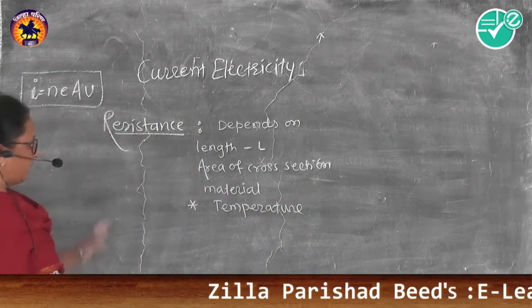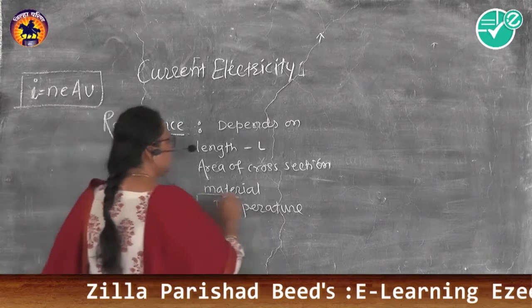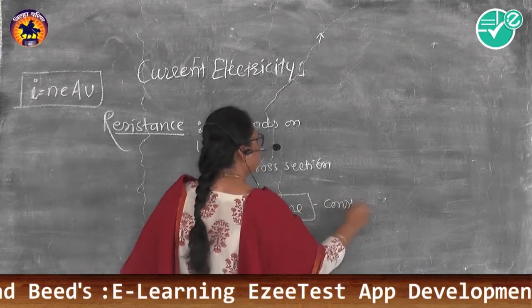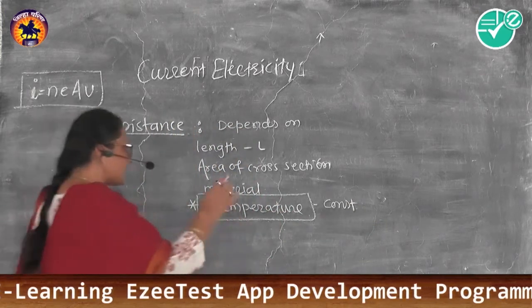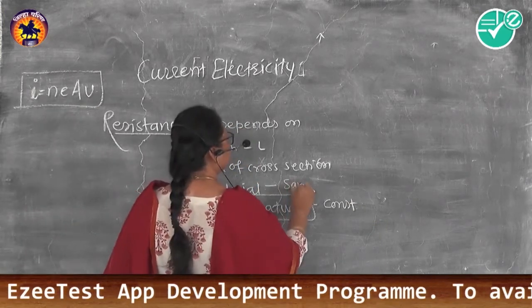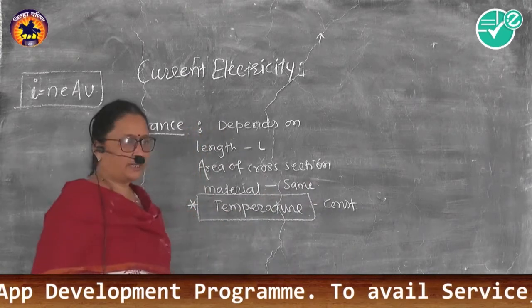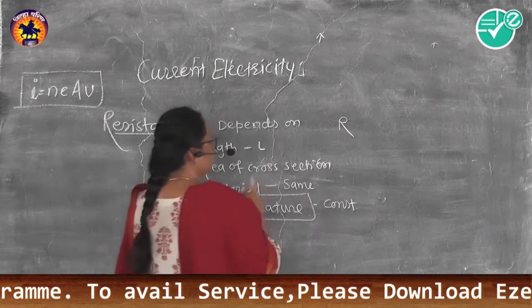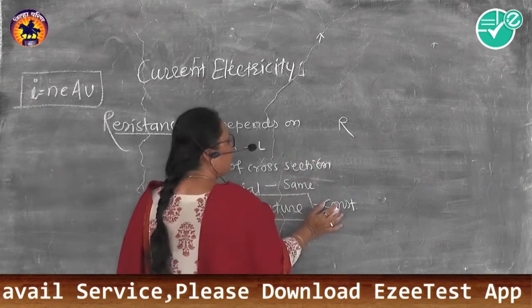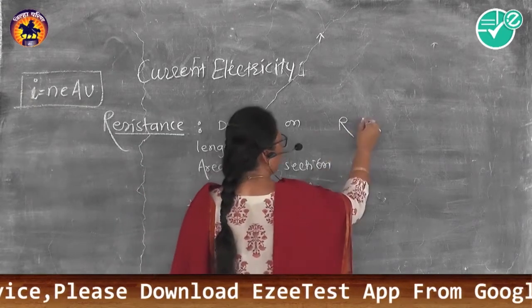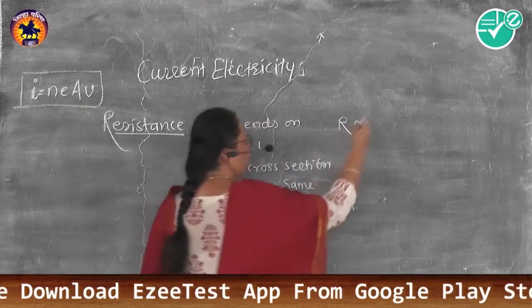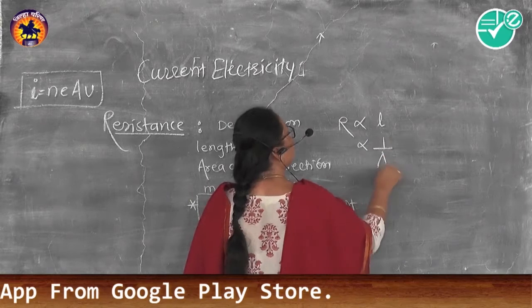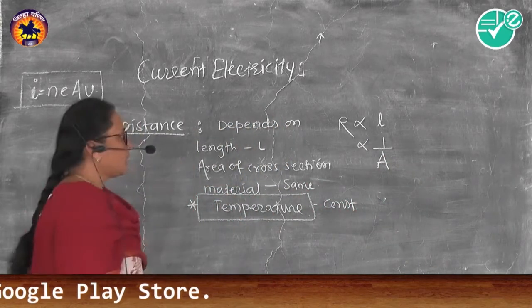If we keep the temperature constant and the material the same, we can state that the resistance of that conducting material at a given temperature is always directly proportional to its length and inversely proportional to its area of cross section.